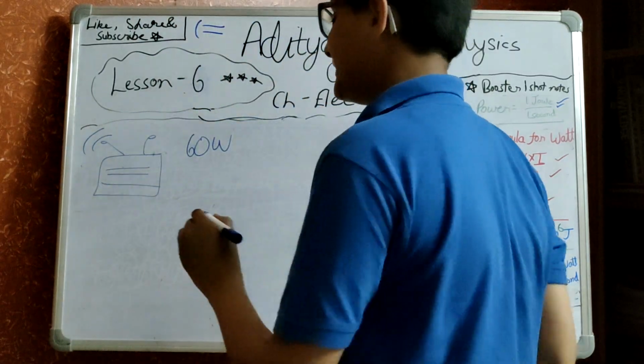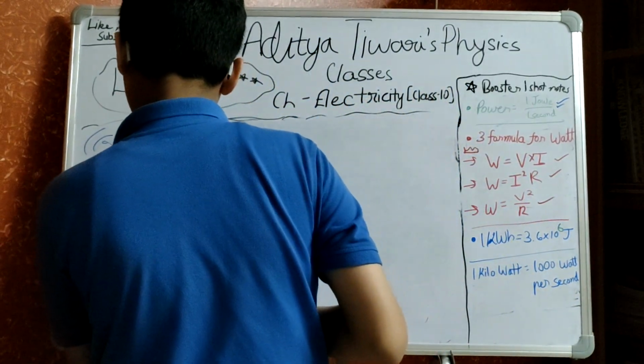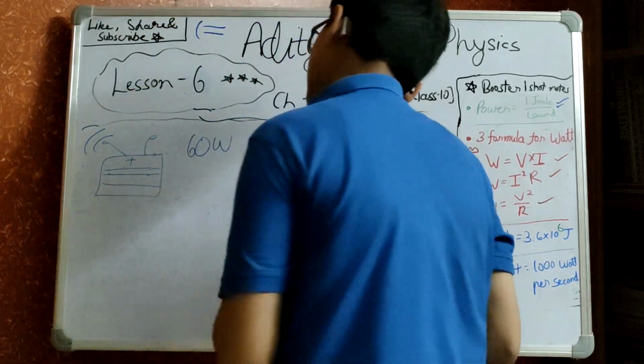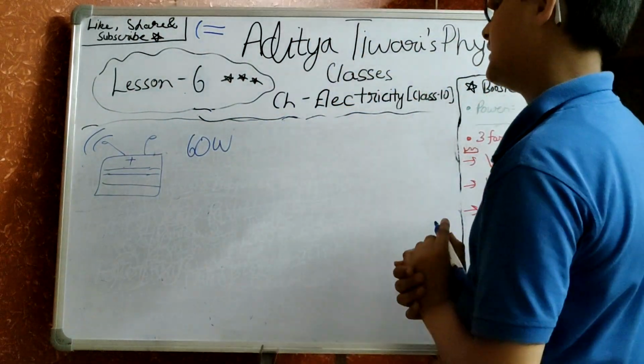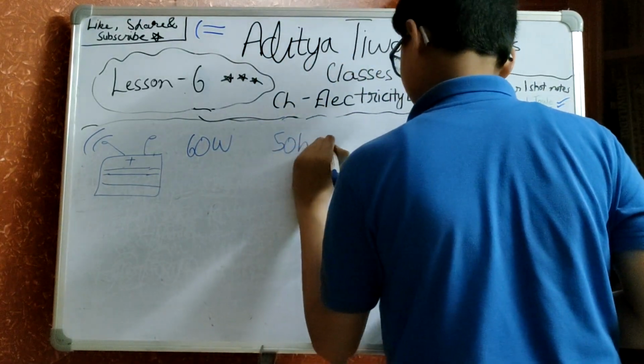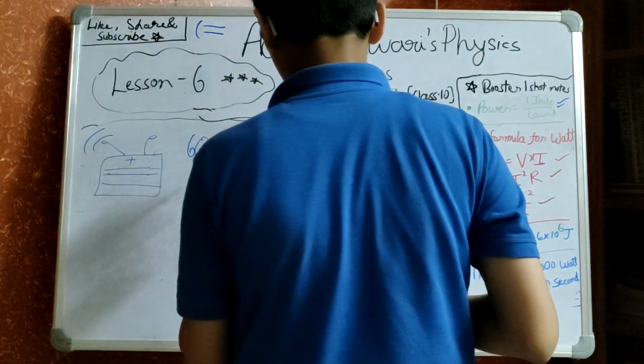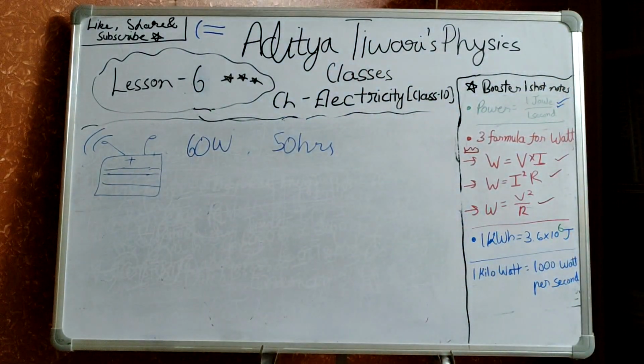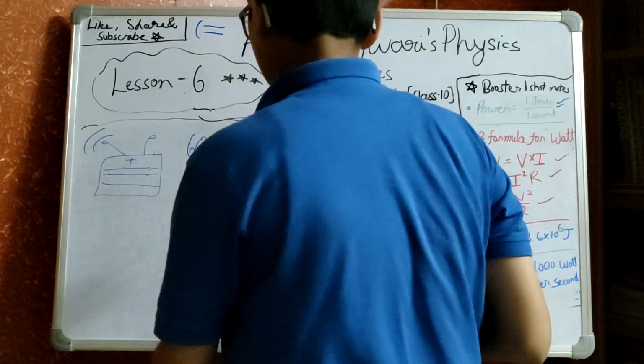Yeah, this is the radio set and it uses 60 watts for 50 hours. Now that's a long time. So we have to tell how much electrical energy is consumed.